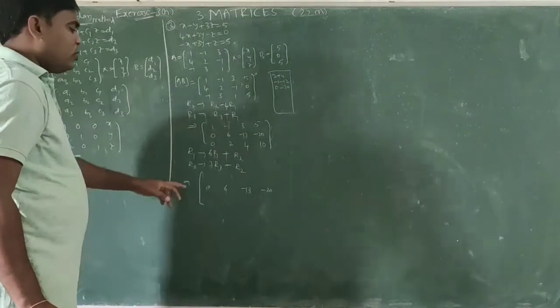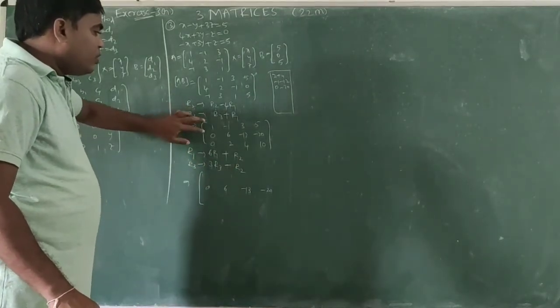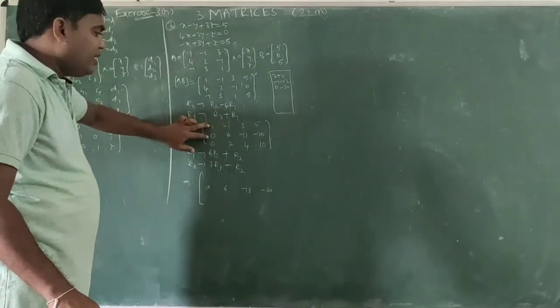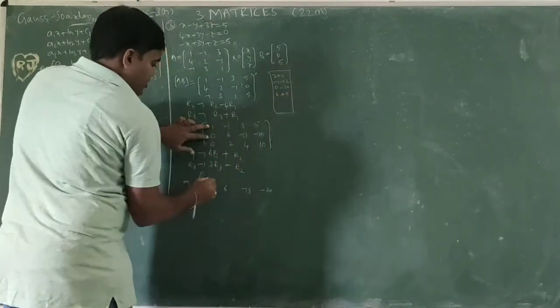Taking the first and second rows, we multiply this by 6 and then add: 6 into 1 is 6, plus 0 is 6.